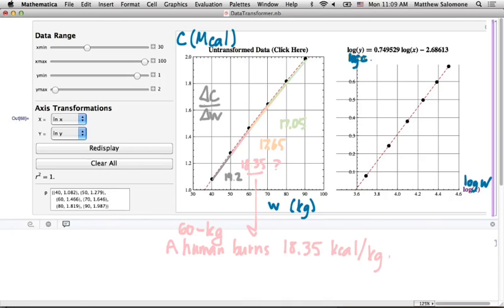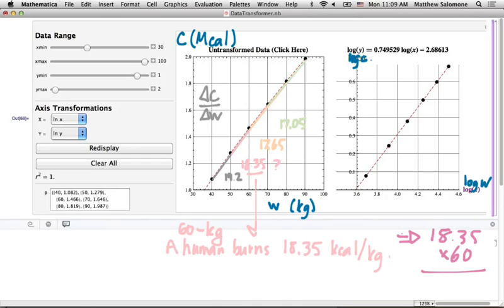So then one thing I want to add to this sentence. This is something I added to several of your explanations of slope on the exam. Keep in mind that any slope is a rate of change. And if we just put a 60 kilogram human burns 18.35 kilocalories per kilogram, as it's written, it sounds like this human should be burning a total of 18.35 times 60.